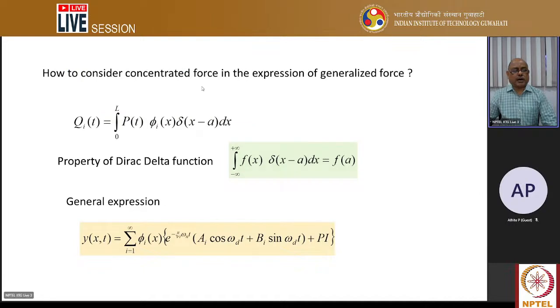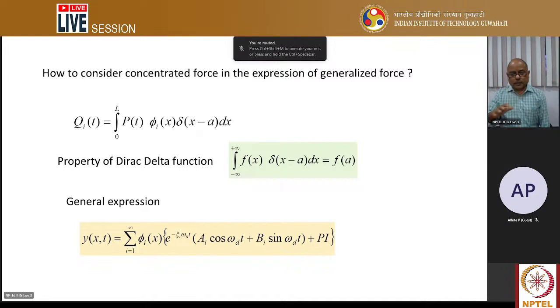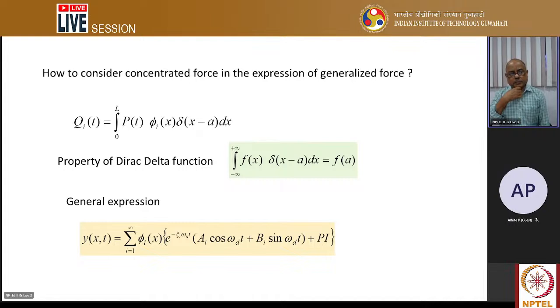Now, the question is how to consider a concentrated force in the expression of the generalized force. On many occasions, force may be acting only at certain locations. For example, some reciprocating machine is installed on a floor beam, whose vibration is transmitted at some point on the supporting beam. So in that case, the beam is subjected to a harmonic force at a certain point.